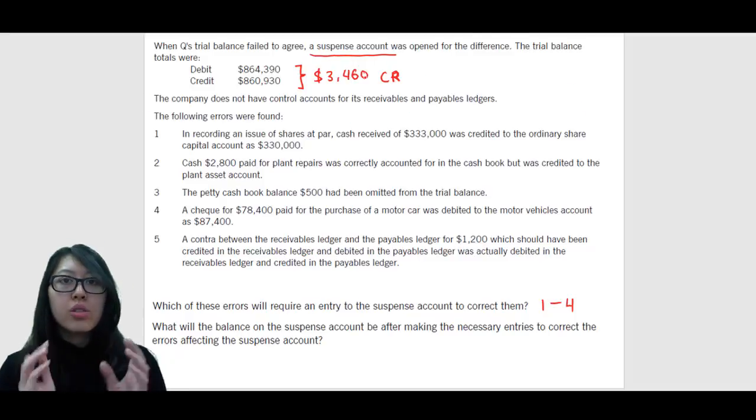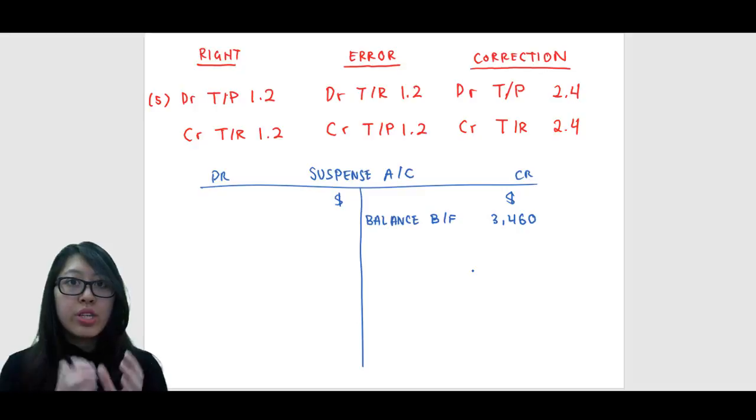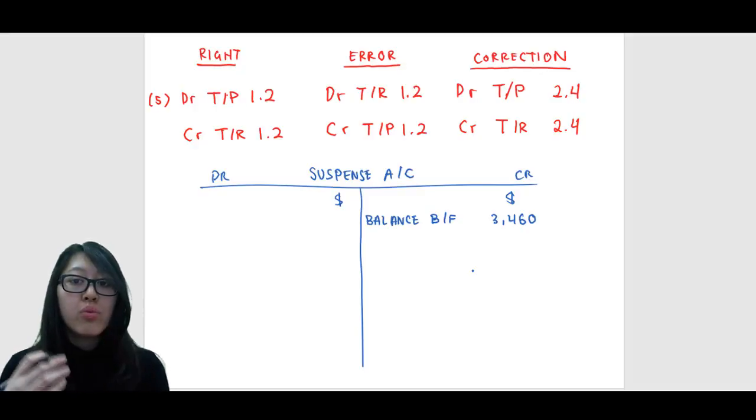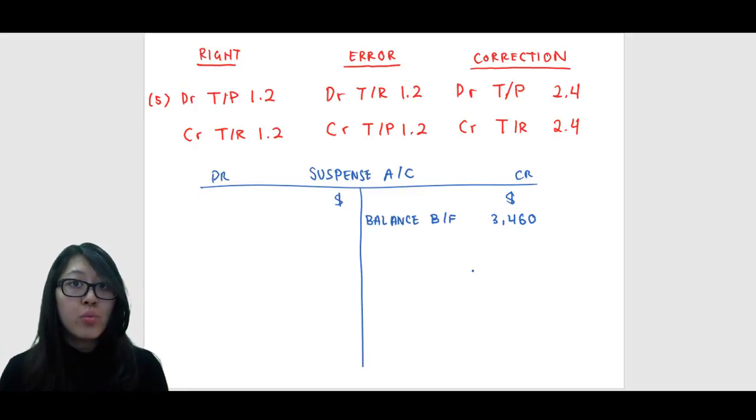In here I've opened up a suspense account and the balance brought forward, or the opening balance, was 3,460. Remember that 3,460 is the difference between the debits and credits on the trial balance right now. And we have created some correcting double entries, and we will see, will it completely remove this 3,460 or will it still cause the suspense account to be opened?